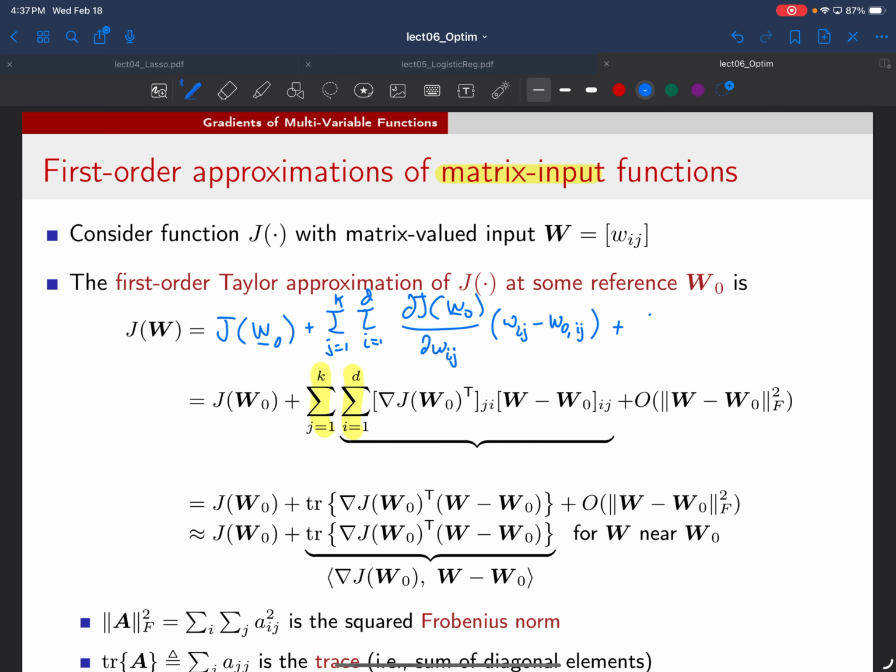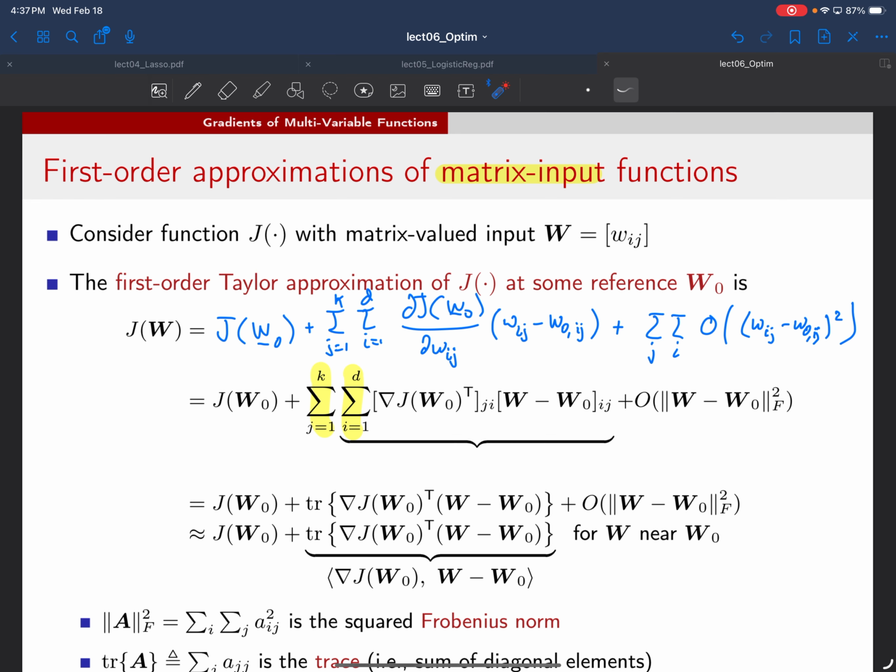And then we have a similar double sum for the big O terms. So we're summing all of them at all rows and columns. Okay, so that's just a direct extension of the vector case to one more dimension.